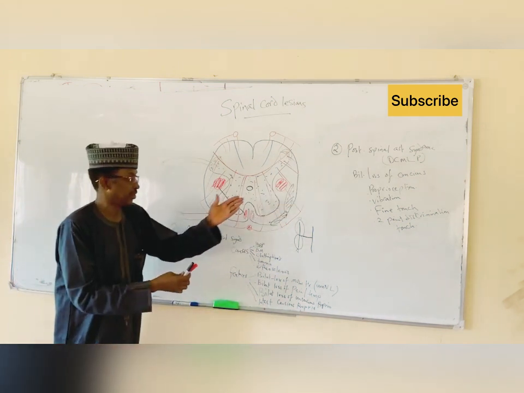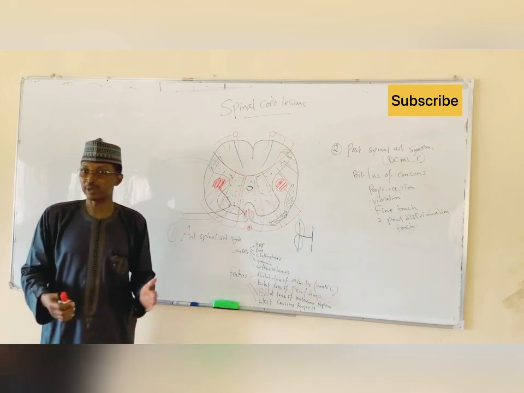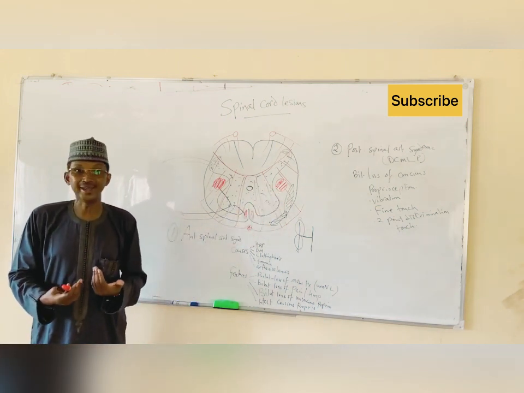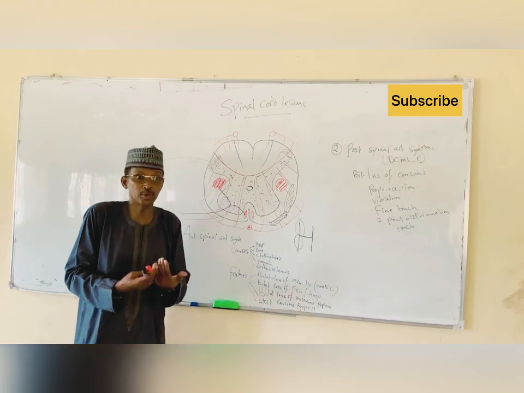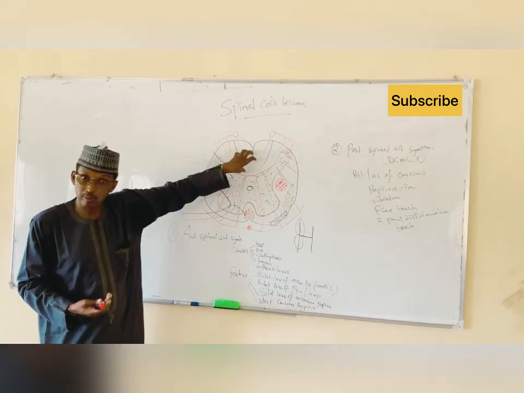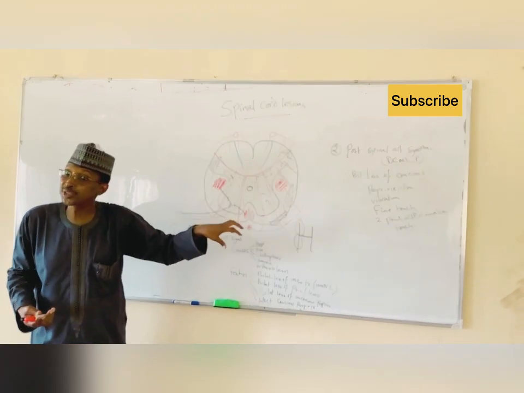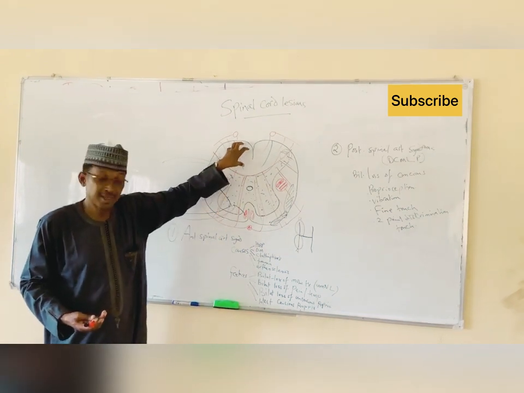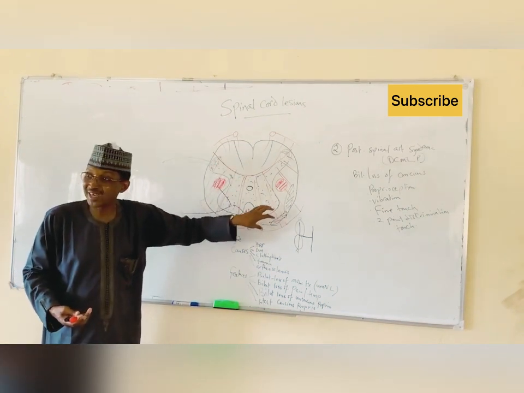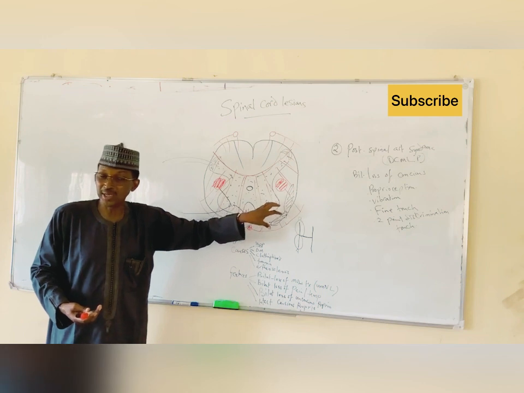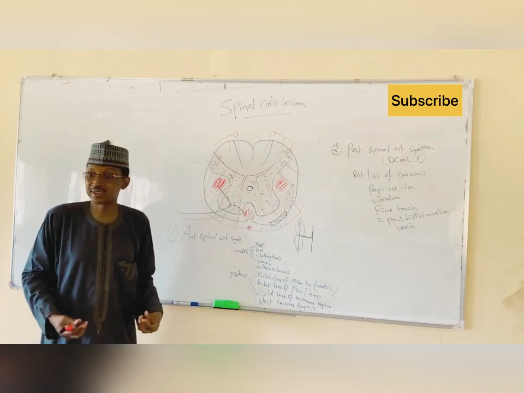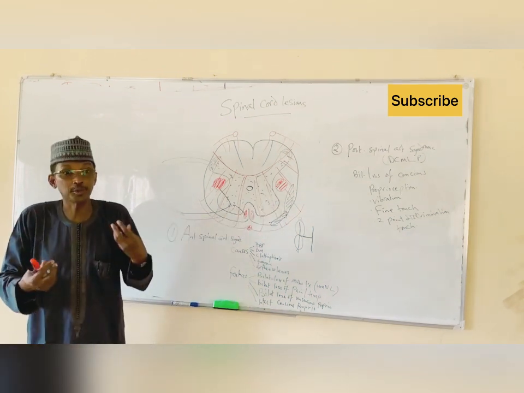So the ventral and the dorsal spinocerebellar tracts are responsible for carrying unconscious proprioception. Remember, in this dorsal column, we're talking about the conscious proprioception. The spinocerebellar tracts, both ventral and dorsal, are responsible for carrying this unconscious proprioception.